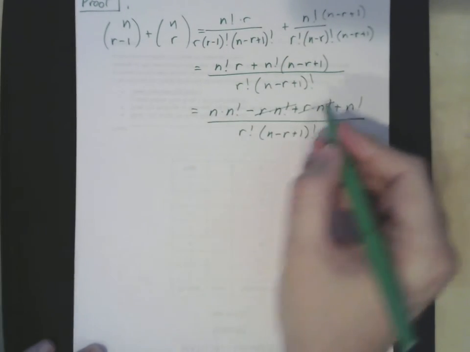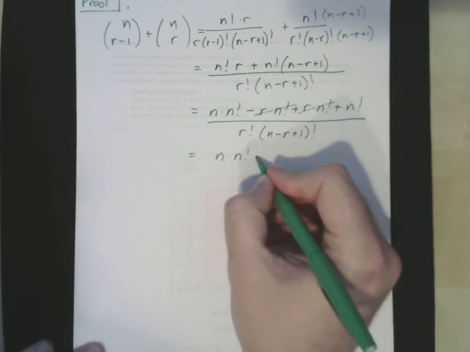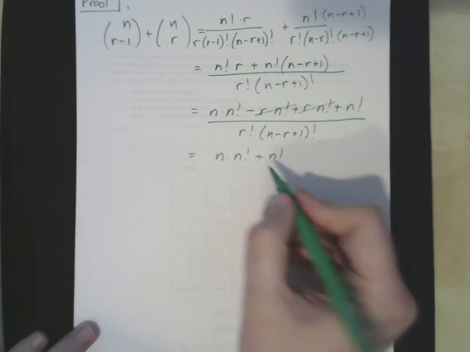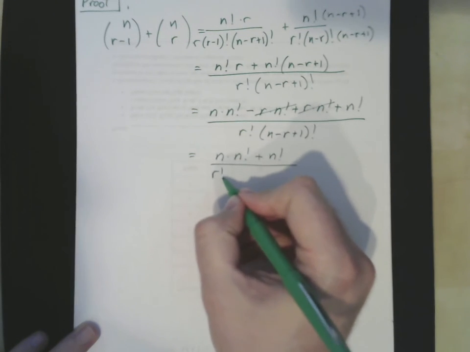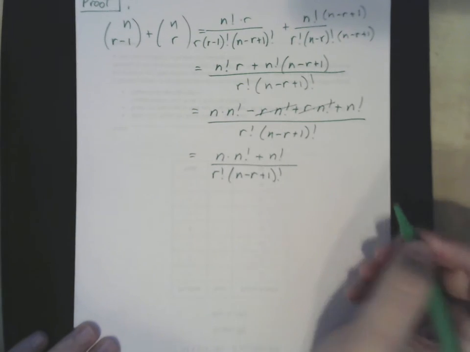And then these will cancel each other out. And we'll have n times n factorial plus n factorial over that r factorial times n minus r plus 1 factorial.